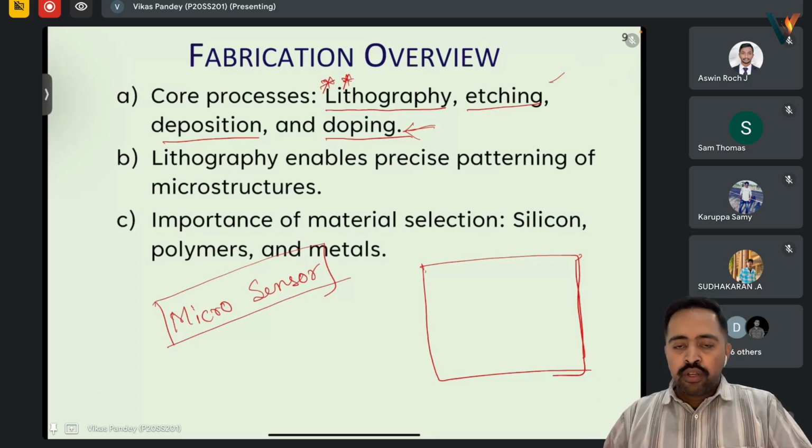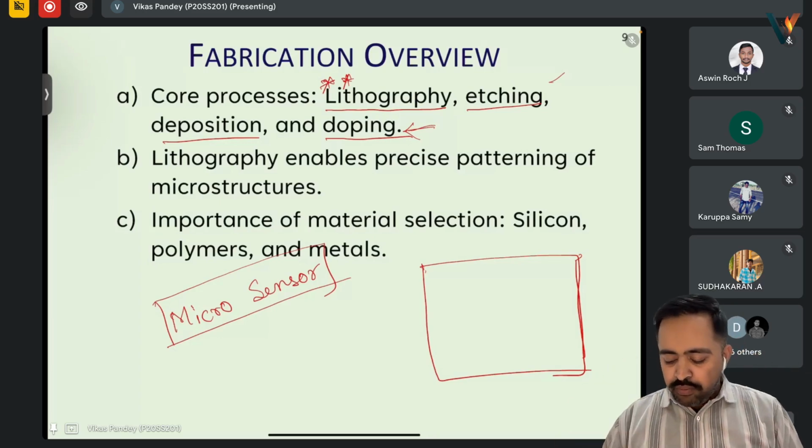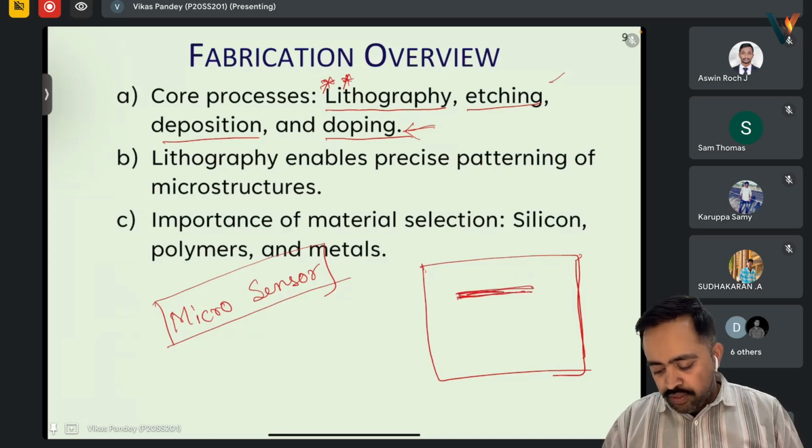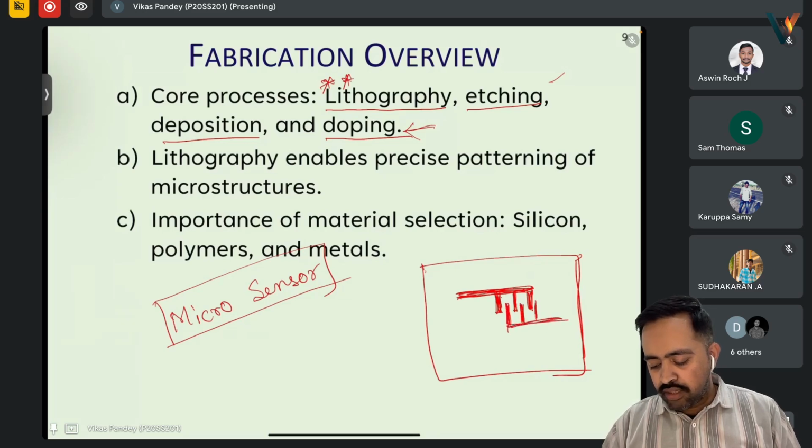Suppose that on this we want to make a pattern where these are electrodes, say gold, copper, or aluminum electrodes, and they will look like this. And another set of, say, positive and negative electrodes will look something like this.